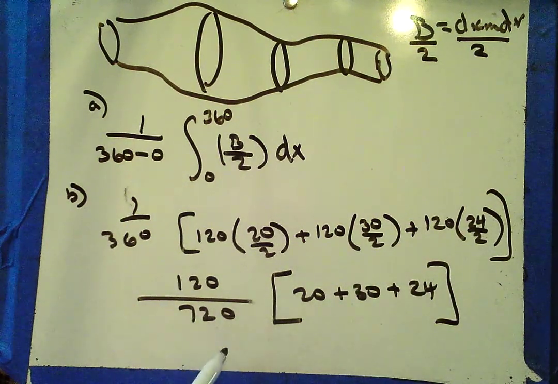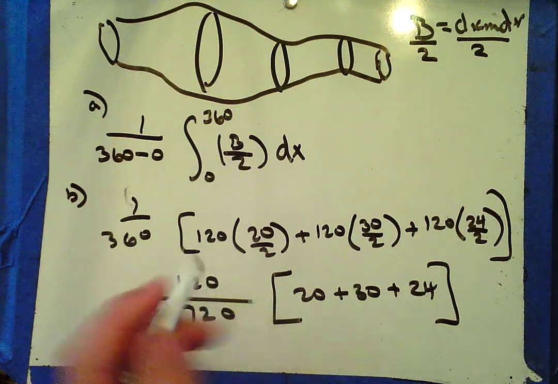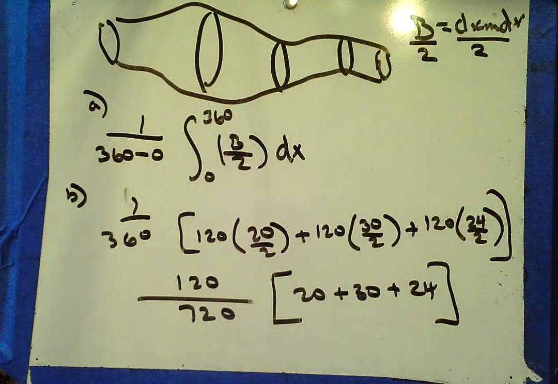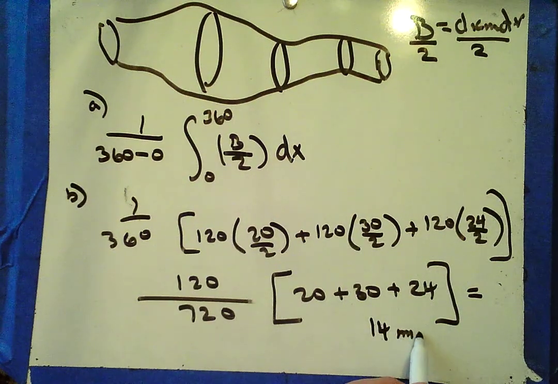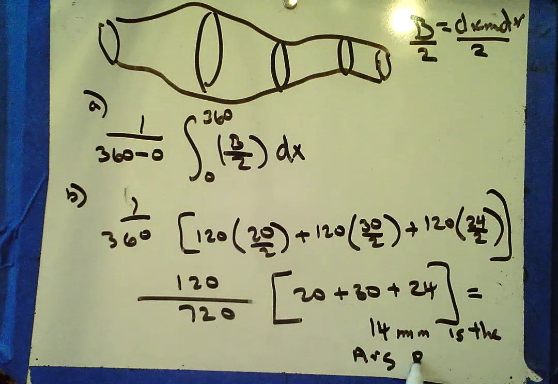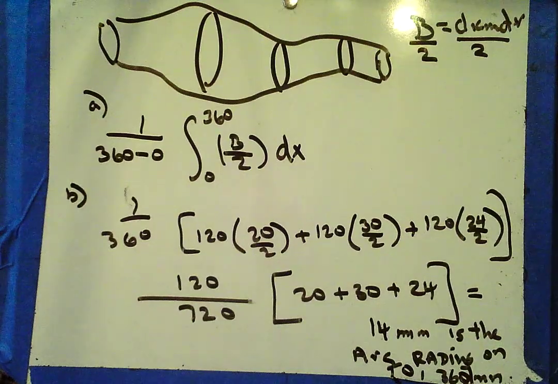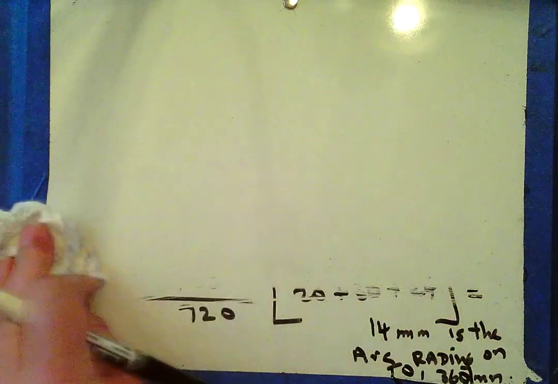I'm not keen to risk the point, but if you do, you should end up with 14 millimeters as the average radius on 0 to 360 millimeters. Okay, so that's part B.